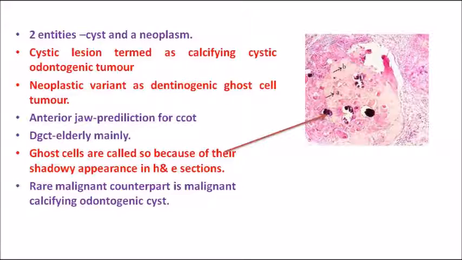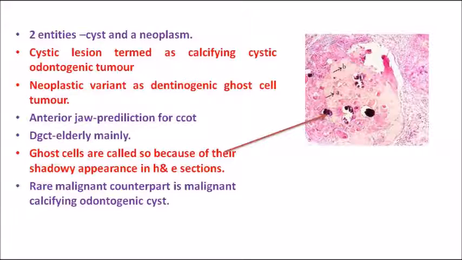Understood? Now ghost cells, as I told you, are seen in this tumor, and how do they appear? They have a shadowy appearance in histological sections. Ghost cells are called so because of their shadowy appearance in histological sections. So these are the important points related to calcifying cystic odontogenic tumor and dentinogenic ghost cell tumor.